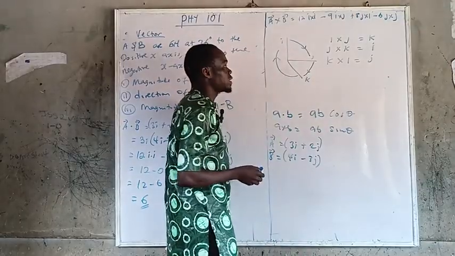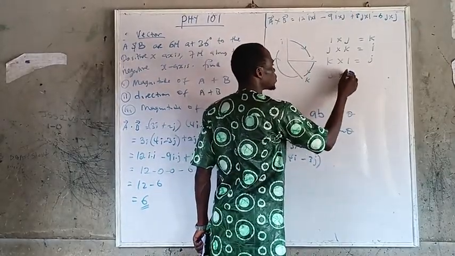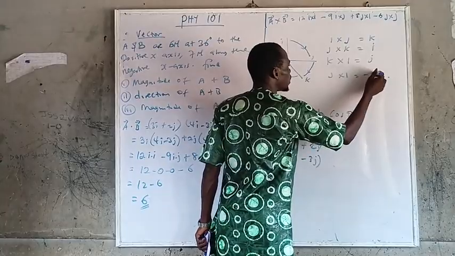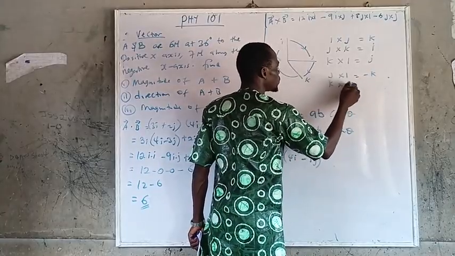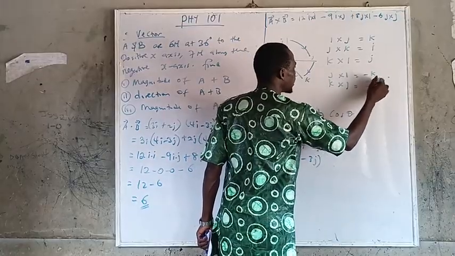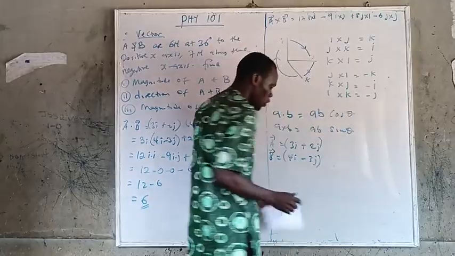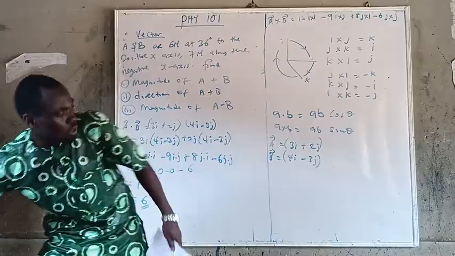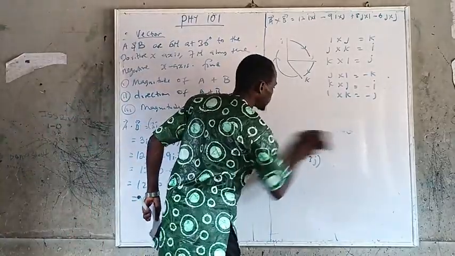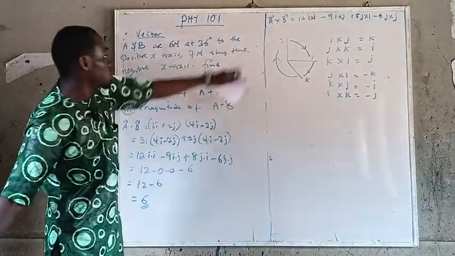Then otherwise, if you have j cross i, that is minus k. If it is k cross j, that is minus i. And if it is i cross k, that is minus j. So once you are able to take note of this, then it is easier to understand the multiplication at that point.